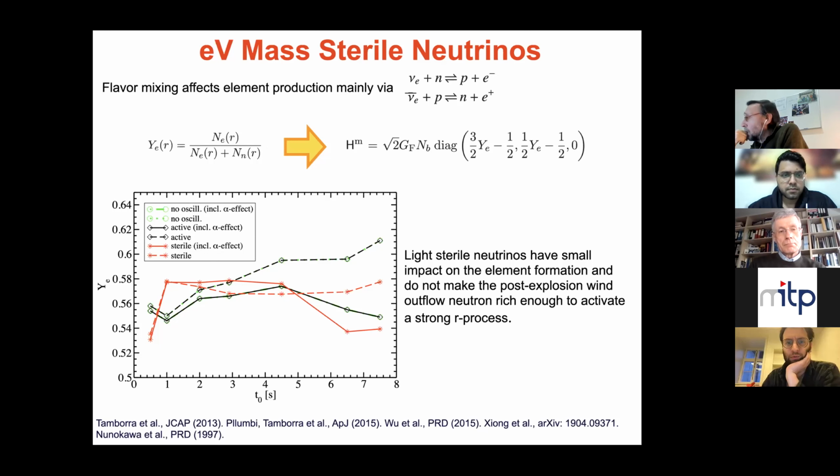So just to add to this, I'm definitely not an expert on this, but I think that there was a paper by Volodymyr Takhistov, Alexander Kusenko, and I think George Fuller was one of the authors, on PBH neutron star mergers enhancing R-process. But I think Oscar was just asking specifically about supernovae.